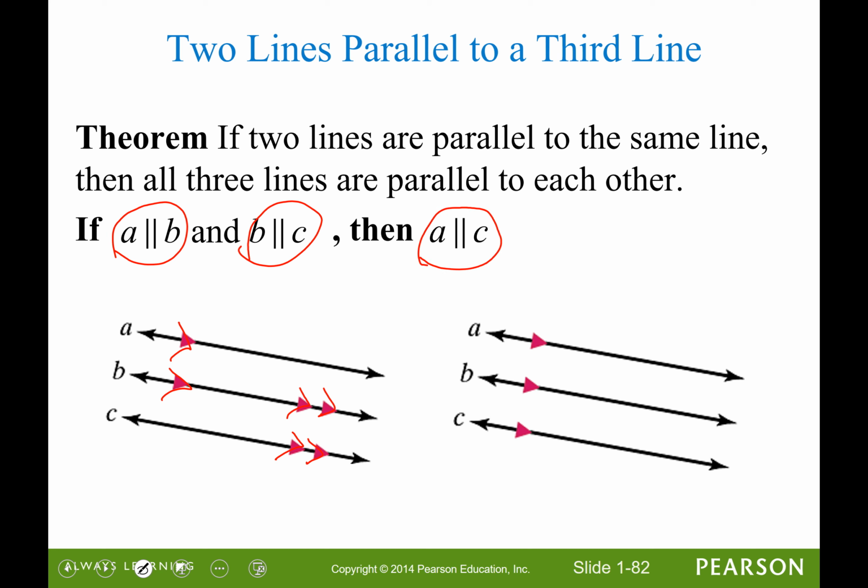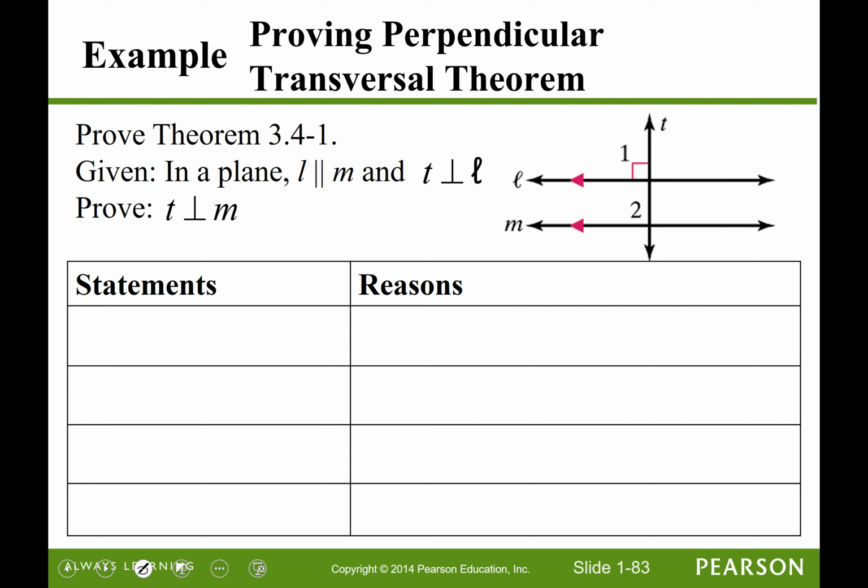All right, let's try proving the perpendicular transversal theorem that we just talked about. What we are given is, in a plane, line L is parallel to line M, and our transversal T is perpendicular to line L. So we're given all of that in code, and we're being asked to prove the addition of this code right here.